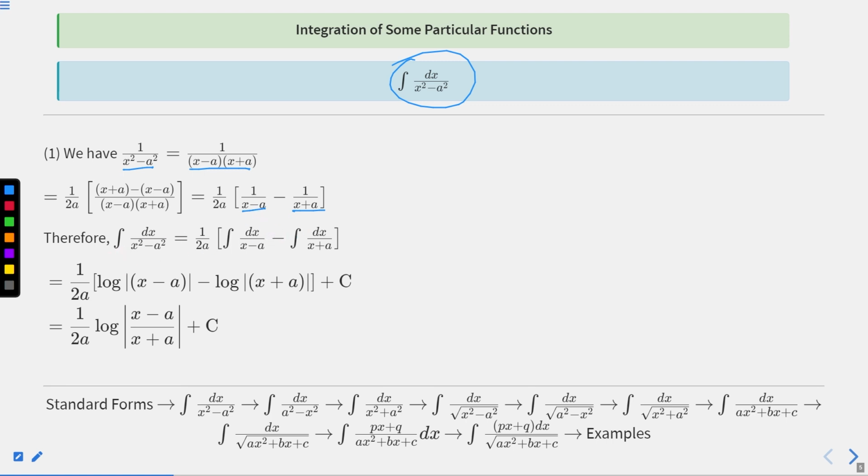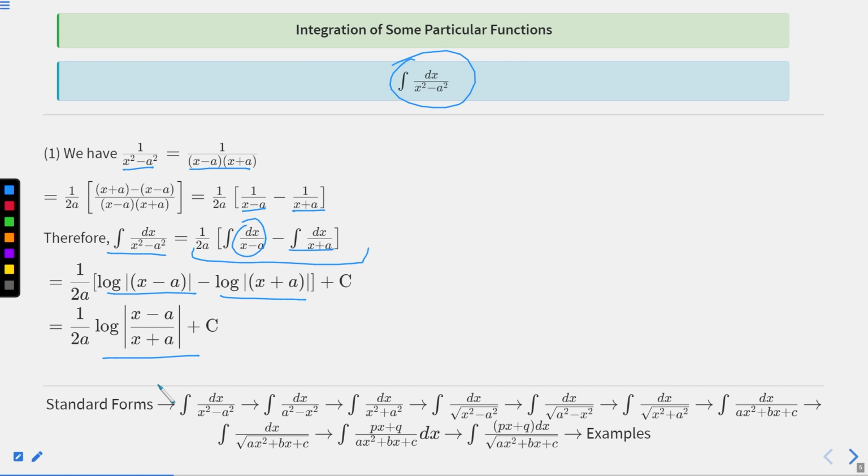So this integration is now in this form, and we know the integration of this. It is log of modulus x minus a, and integration for the other will be log of modulus x plus a, and log a minus log b. Log a minus log b is nothing but log a divided by b. So we use the log property here.